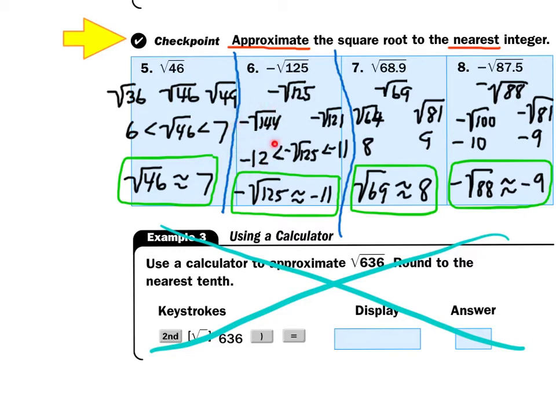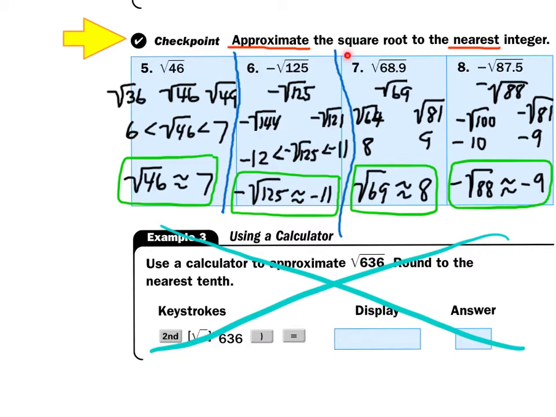And then I say is less than, then I bring down the negative square root of 125 is less than, and then I replace negative radical 121 as negative 11. So I know it's between negative 12 and negative 11. I just need to see which one it's closer to. Well, notice here, 125 and 121 are only 4 steps away from each other, so they're really close. So I would say the opposite of, or negative radical 125, is about negative 11.